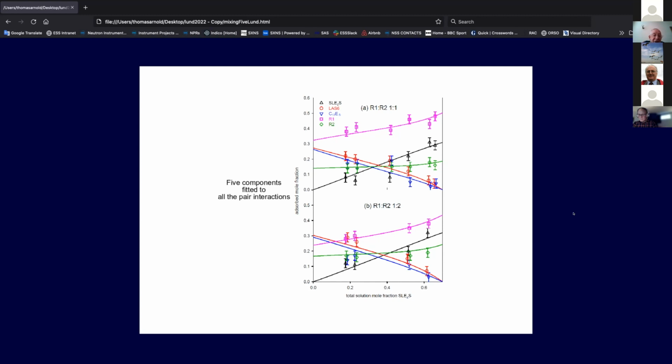And here, there's no way of plotting this, but we've plotted the binary pairs, and you can see it all fits. That's just taking all the binary interactions with quadratic, cubic, and quartic terms and calculating. And of course, all these are measurements using neutrons. It took a lot of work, but we can now really attempt to understand these mixtures.